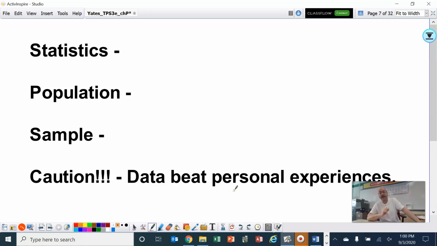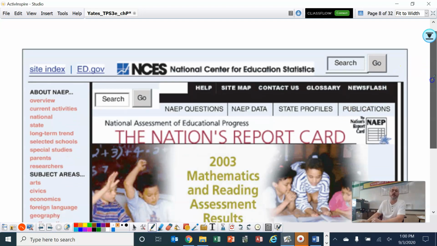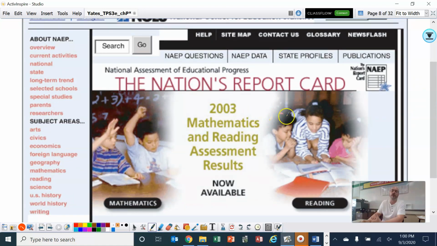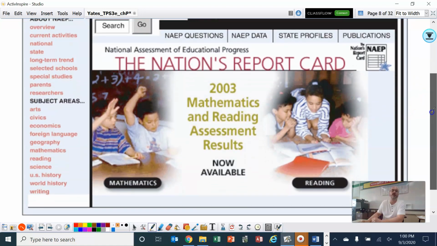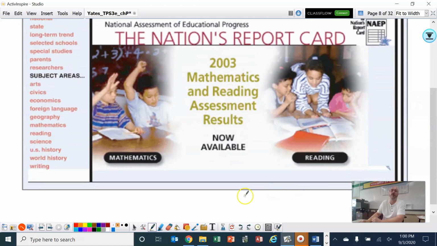Okay, data will always beat personal experiences. So just remember that. You will see in your book, there's a neat website you can go to, the National Center of Educational Statistics. This looks a little old, but it is still there. It's just filled with all kinds of data that you could evaluate or look at if you're interested in things.